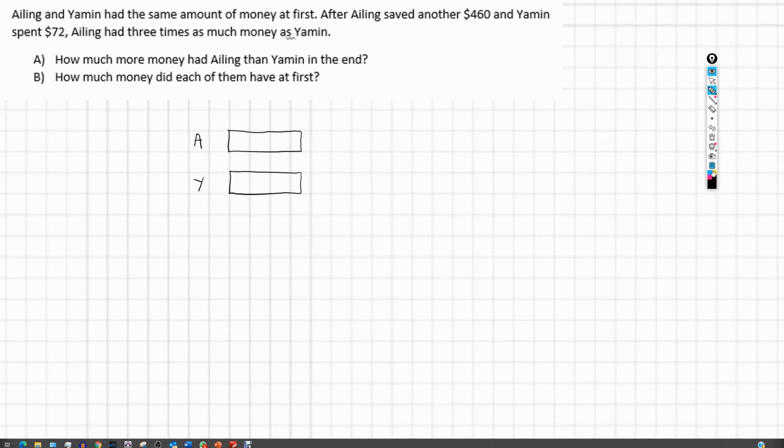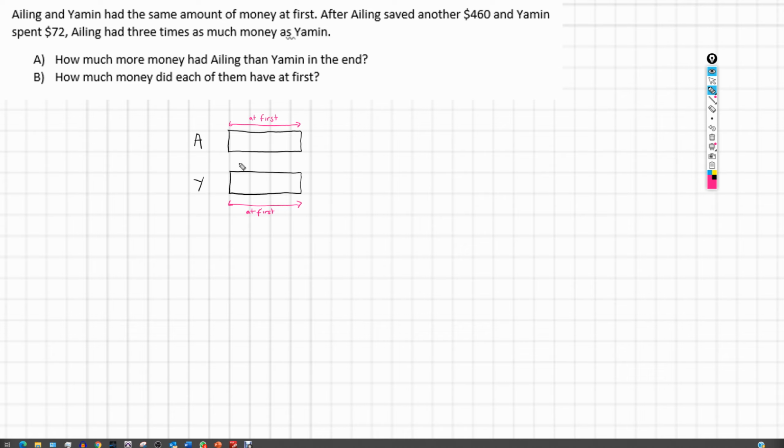Well, actually, what I'm going to do is emphasize here that this is at first. So this is at first, because I know this is going to get a little bit complicated, especially when you've got money being added and some money being taken away, and two scenarios.